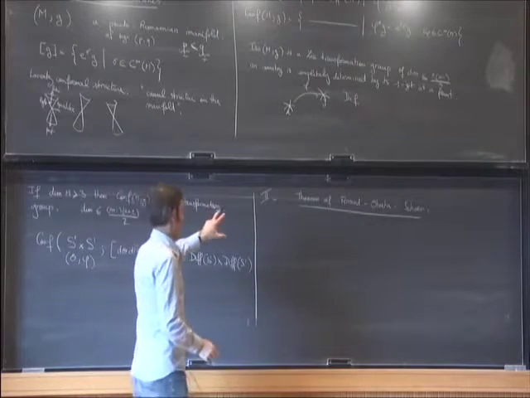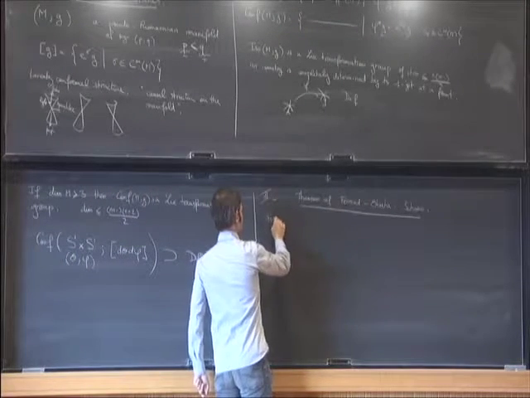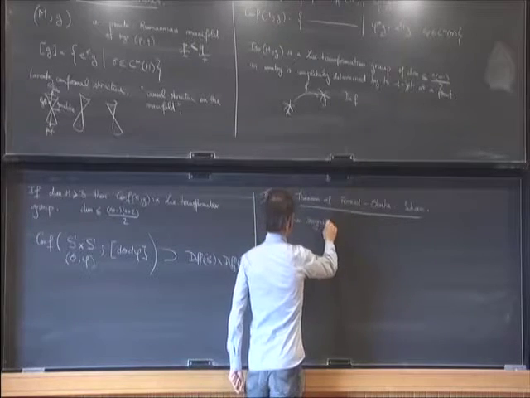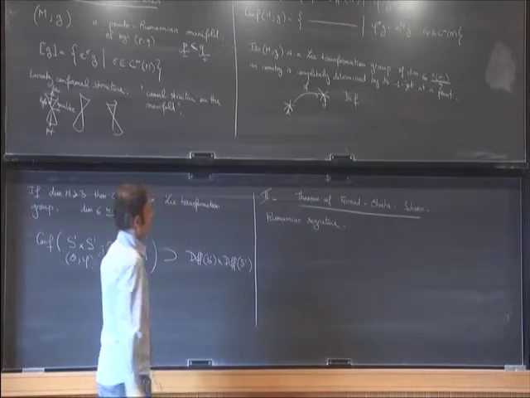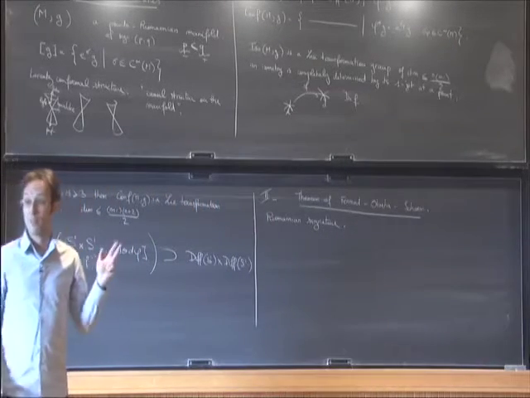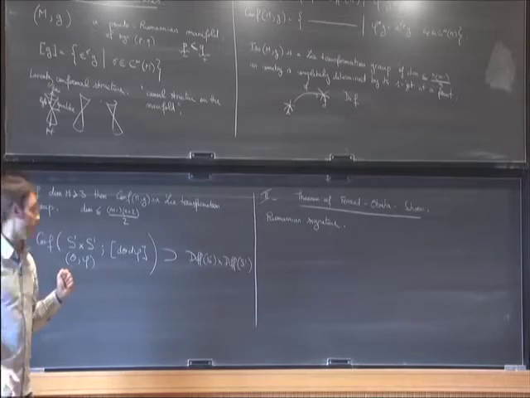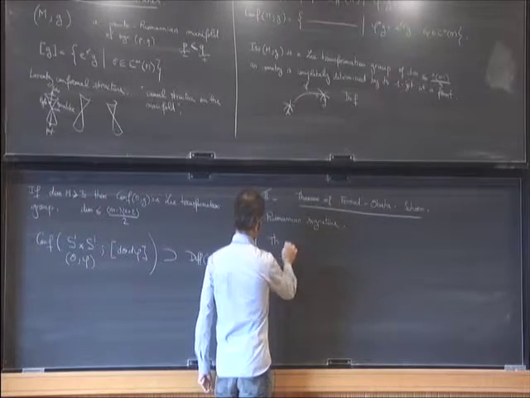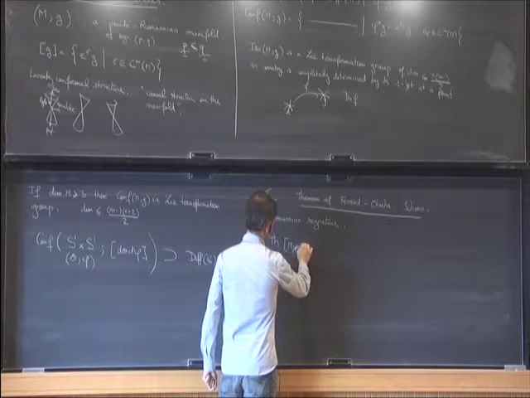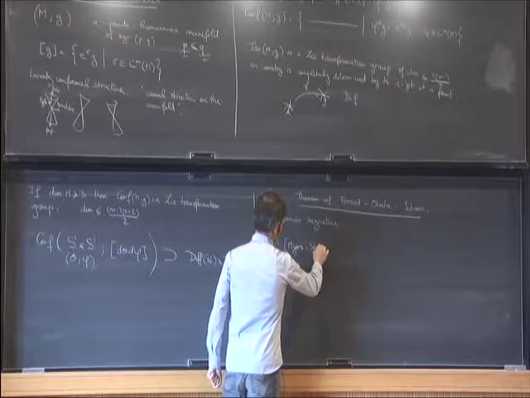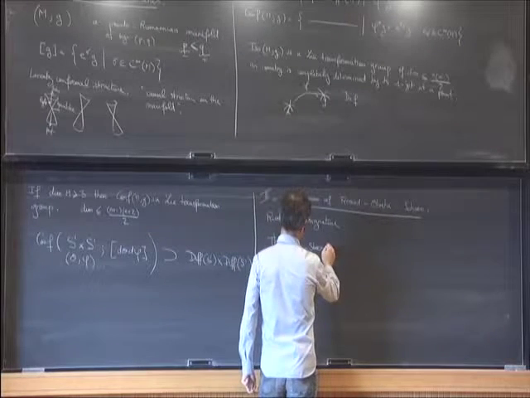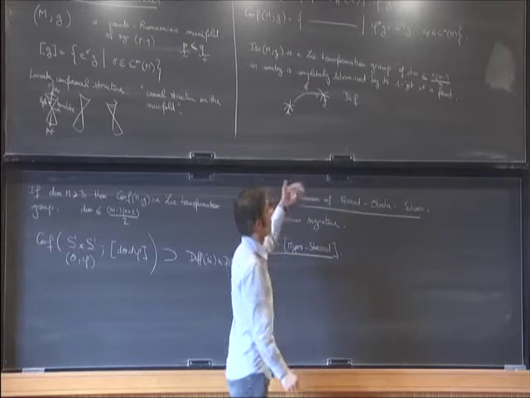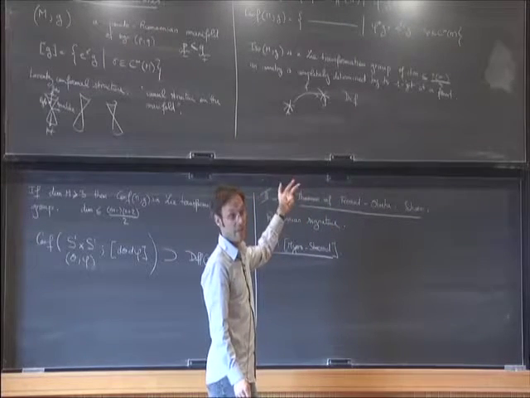So I now focus on the Riemannian signature. First of all, what can we say about the isometry group of a compact Riemannian manifold? It's described by a theorem of Myers and Steenrod from 1939, which says that this isometry group, if the manifold is compact, is itself a compact Lie group.